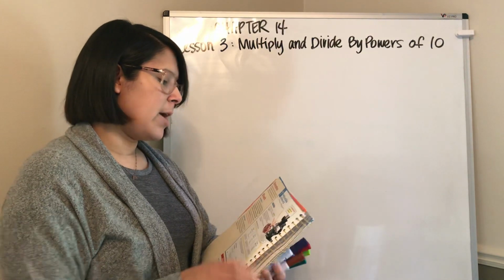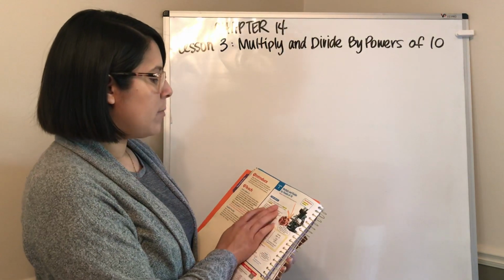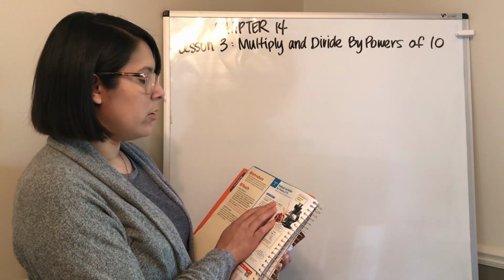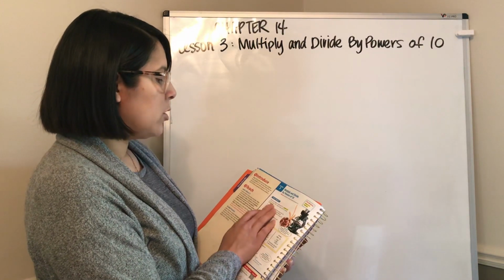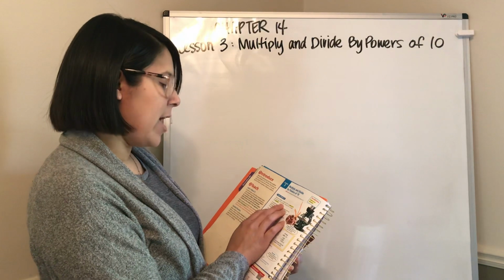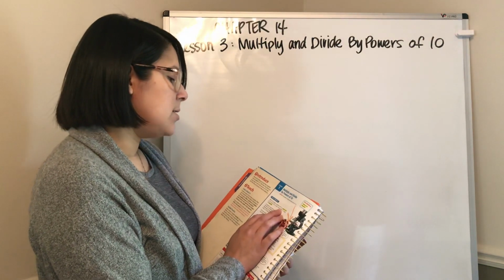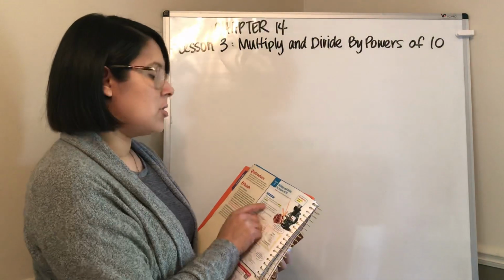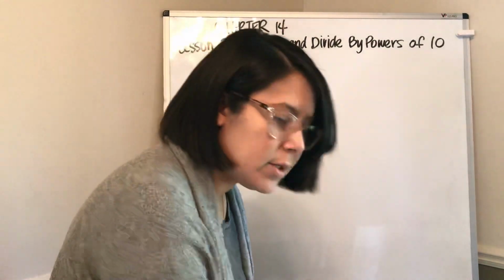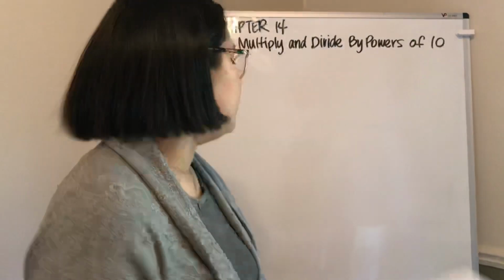So when you multiply, it says here, when you multiply a number by 10 to the nth power, or a power of 10, you are using 10 as a factor n times. In 10 to the n, the n is called the exponent. So let's go ahead and write some terms down.